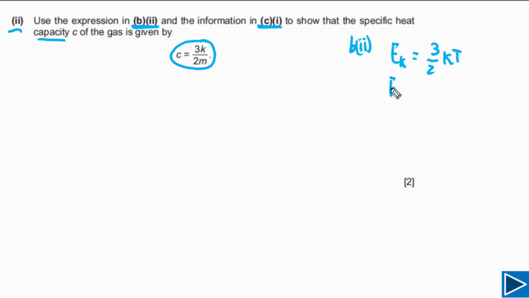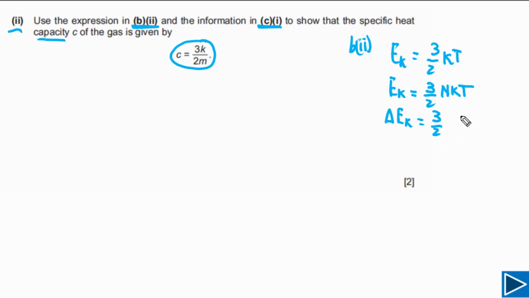If we are talking about total kinetic energy of a gas, we have to multiply this one with number of molecules, means total kinetic energy will be equal to sum of kinetic energies of all the molecules. So we will say total kinetic energy or internal energy, that will be equal to 3 by 2 NkT. If we are talking about the change in kinetic energy, we can rewrite this one.